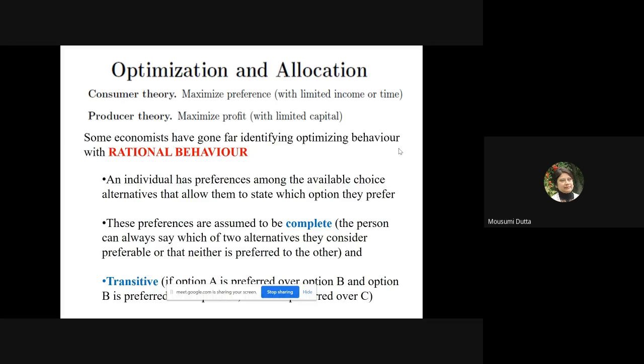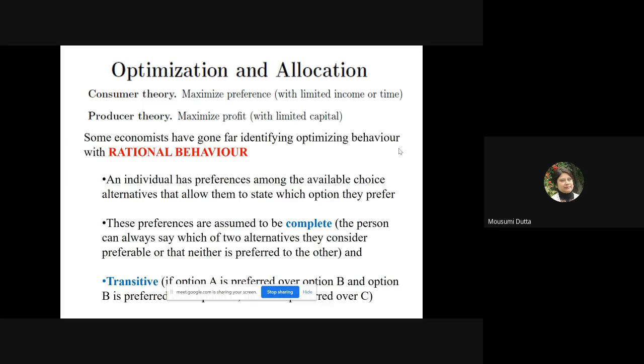Given my income, I should maximize my utility. Given my budget, I should maximize my output. All these things are considered rational behavior. An individual has preferences among the available choice of alternatives that allow them to state which option they prefer.